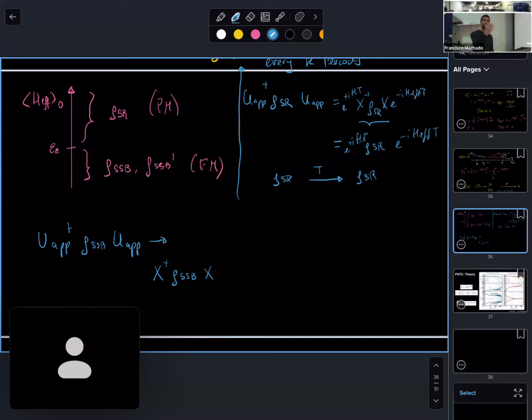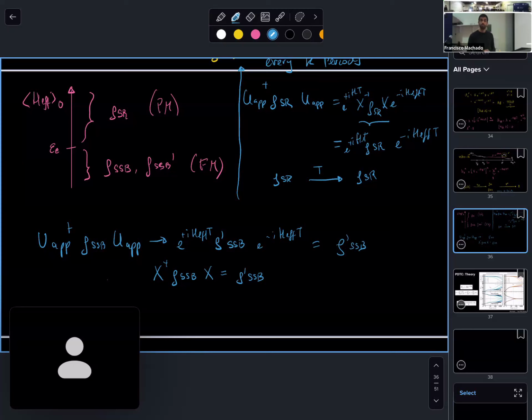So again, with the analogy of the ferromagnet, I have a ferromagnet pointing up. I do a spin flip, so I still have a ferromagnet, but it's going to be a ferromagnet pointing down. So I can denote that as rho prime SSB. And then I have this evolution under the effective Hamiltonian. But because it's a thermal state, it's going to be unchanged under this.